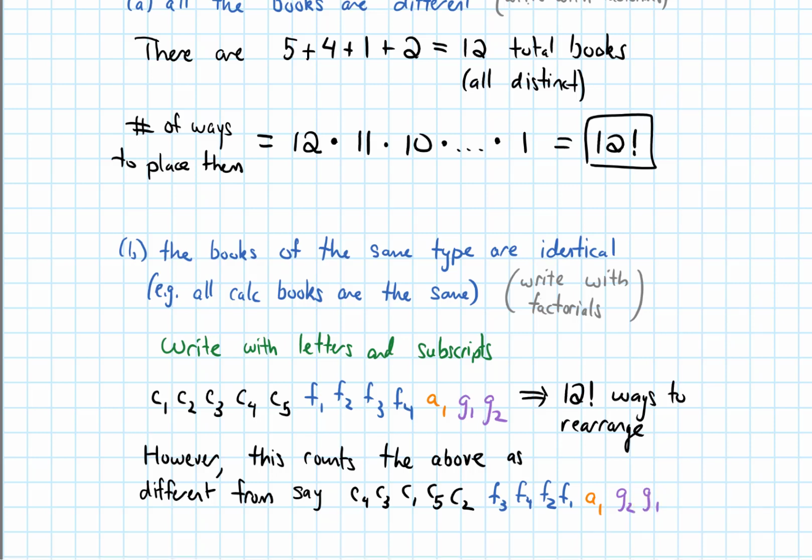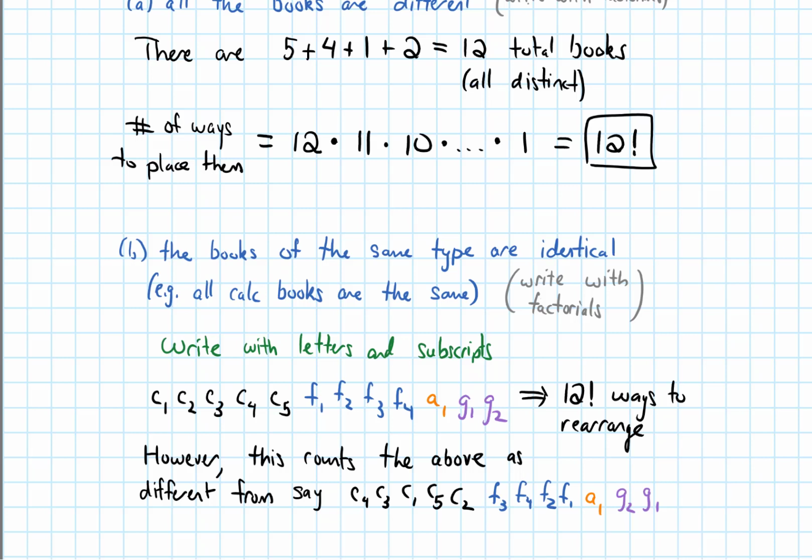But in part B, these two arrangements look the same for our purposes, because all the calc books are in the same spot in the first 5 positions. That doesn't matter if you change their order relative to each other, because the calc books are identical. And the same thing goes for the books of the other types.